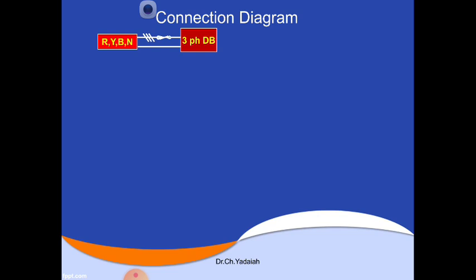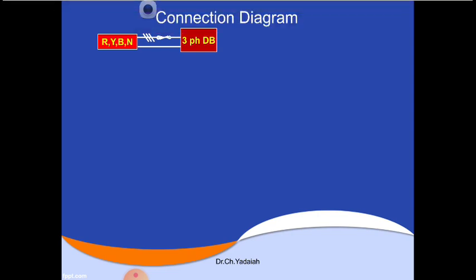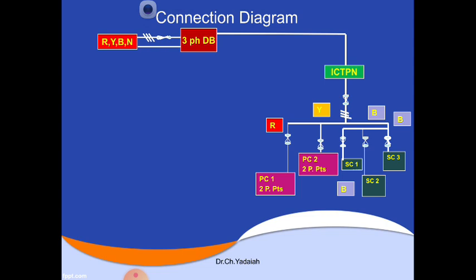Now the 3-phase DB is connected here, and for the ground floor you connect 2 power circuits. Another from the 3-phase DB, we are once again going to use a group ICTPN, iron clad triple pole and neutral link, connected with the ICTP switch, which is the controlling switch.